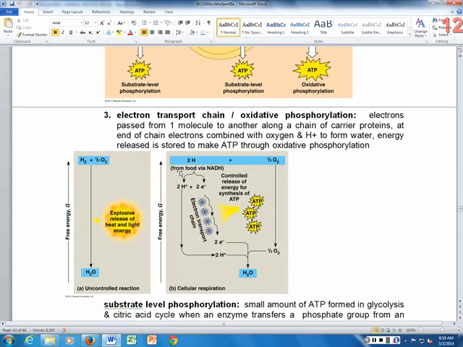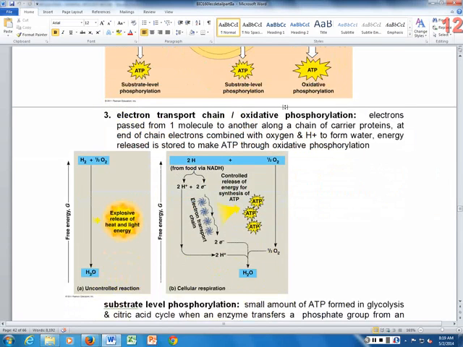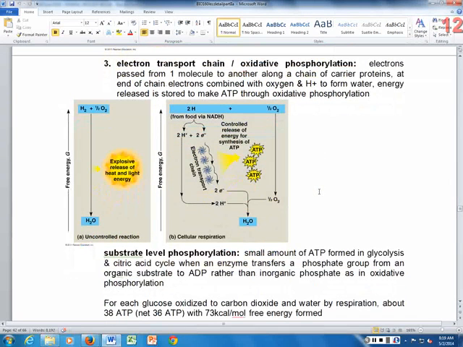So in that last step, the electron transport chain, where we move these electrons and do oxidative phosphorylation, we talked about how when you combine these hydrogens and the oxygen to make water, this is an explosive release. We take that energy, and it's shown here with little turbines.